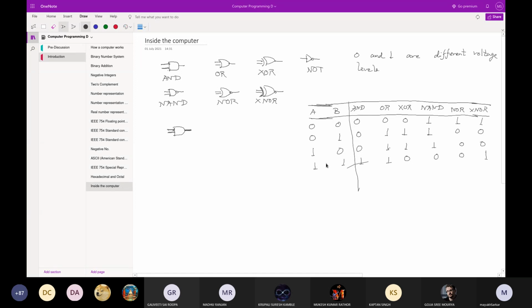Now, any digital circuit, any Boolean function can be implemented using these gates.